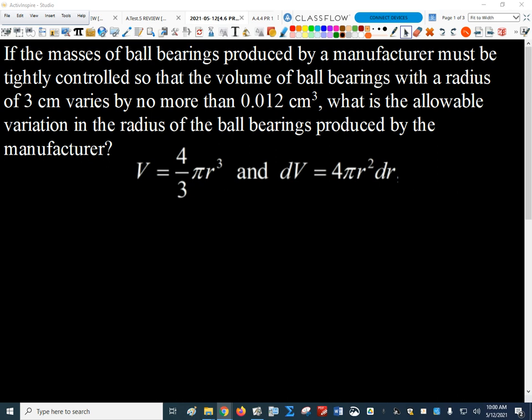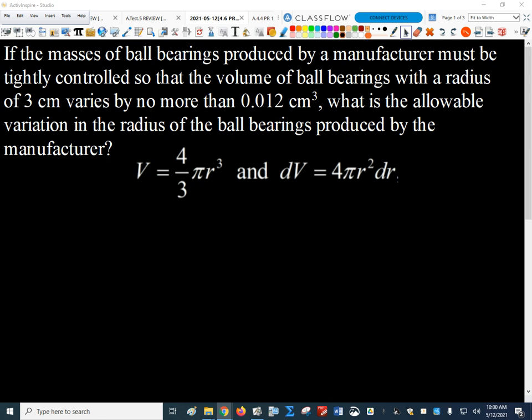Okay, so what can I do here then? This is not a very hard problem, but you just have to wrap your mind around it. Here's the relationship we want, isn't it?